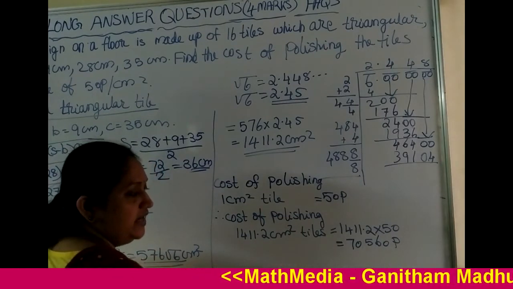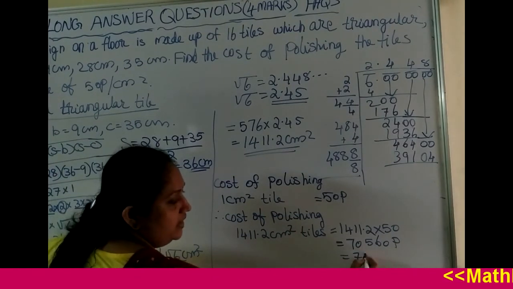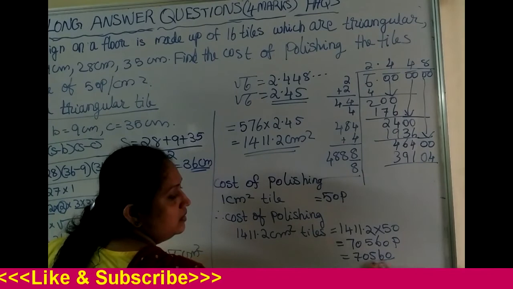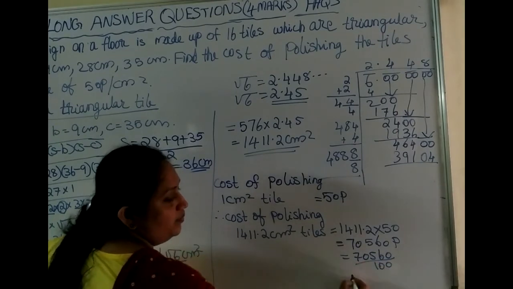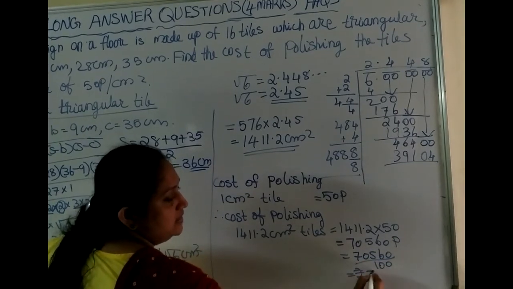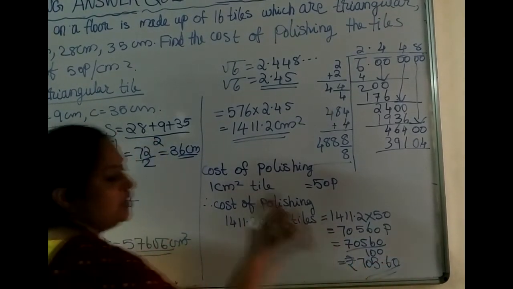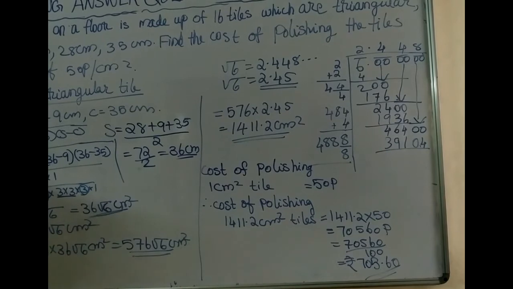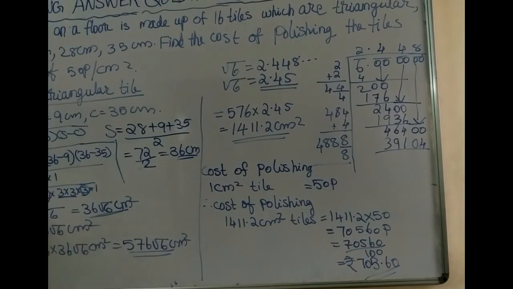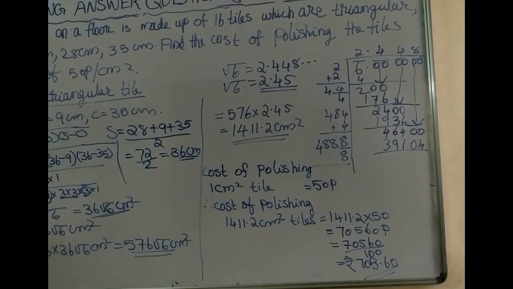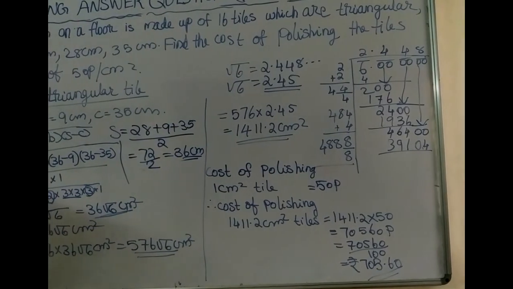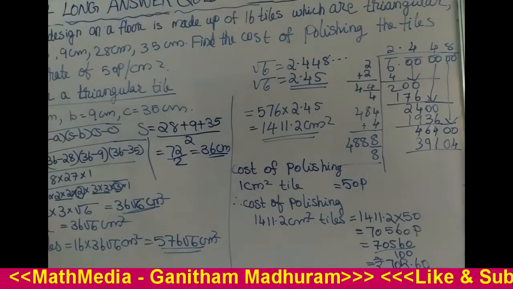We can convert into rupees, so we get rupees 705.60. That is the cost of polishing the tile is rupees 705.60.